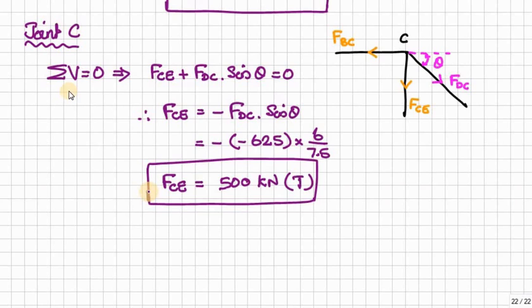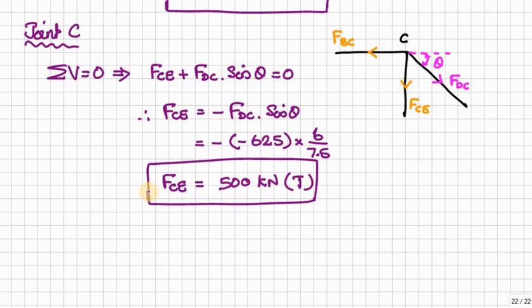So by applying sigma V equal to 0, F_CD, okay, F_CD is acting downward, F_DC sin theta, this vertical component of F_DC is also acting downward. Therefore we are grouping on one side, is equal to the other side, which means all the forces acting upward. But in this case there is no upward force.